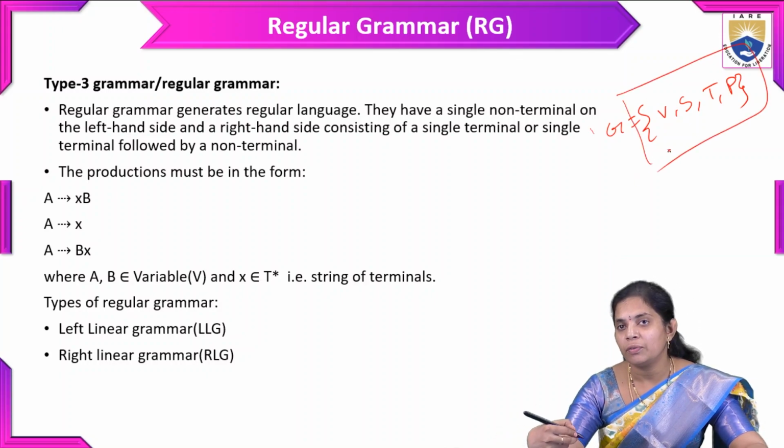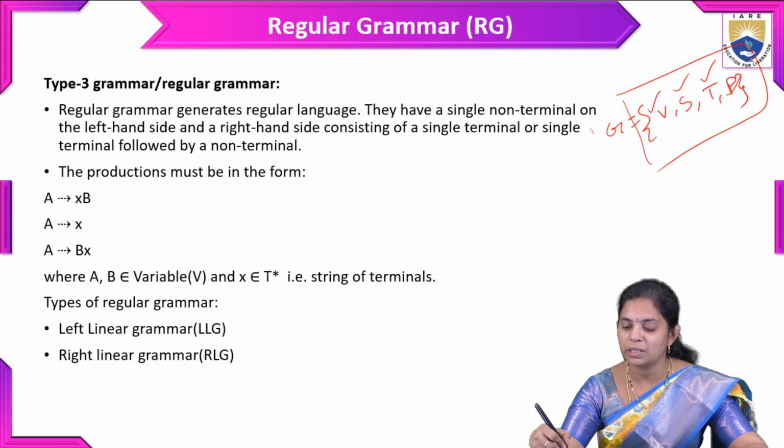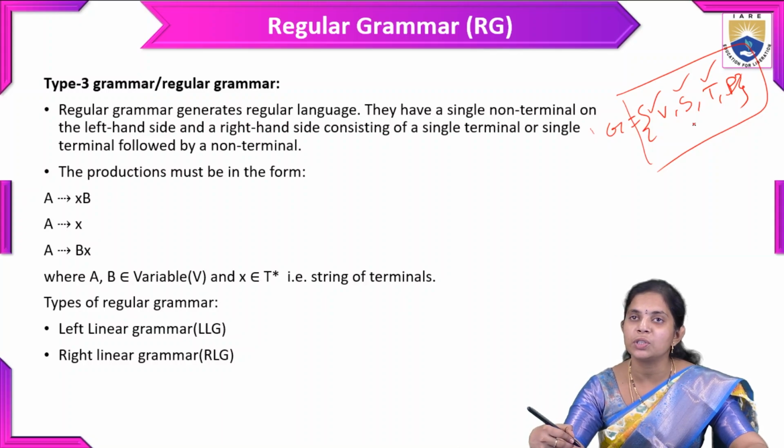In this four-tuple, V is the finite set of states, S is the start state, T is the set of terminal symbols, and P is the set of productions.